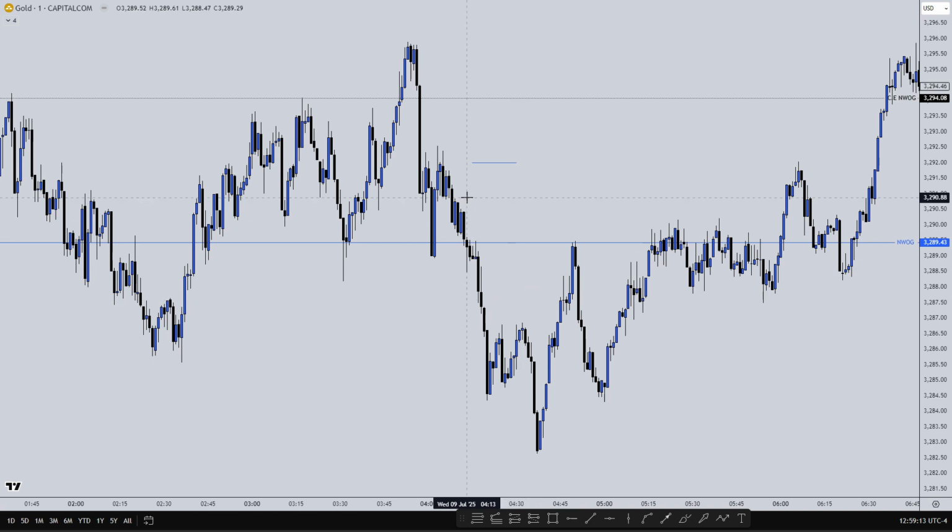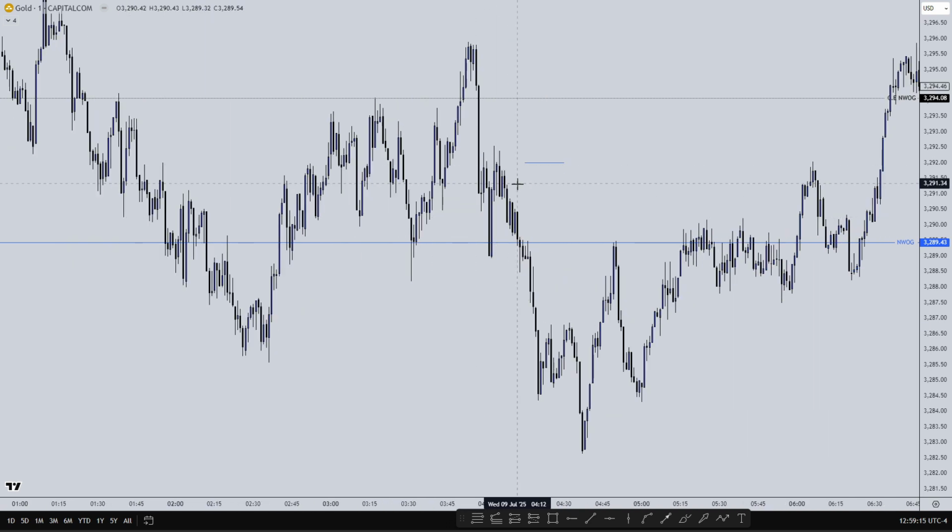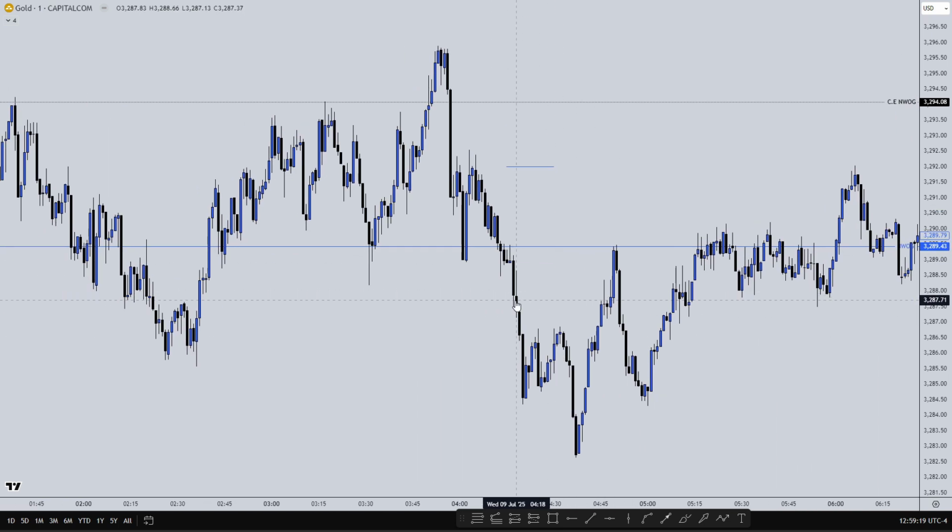So we see that the prices were trading to the lower prices. From here, the prices did trade into this new week opening gap. I know it is not your setup, but from an algorithmic perspective, the prices did go to the new week opening gap and then boom, to the lower prices.